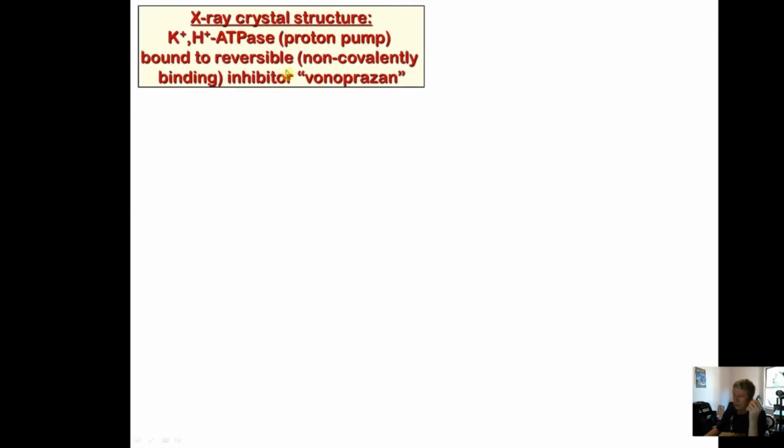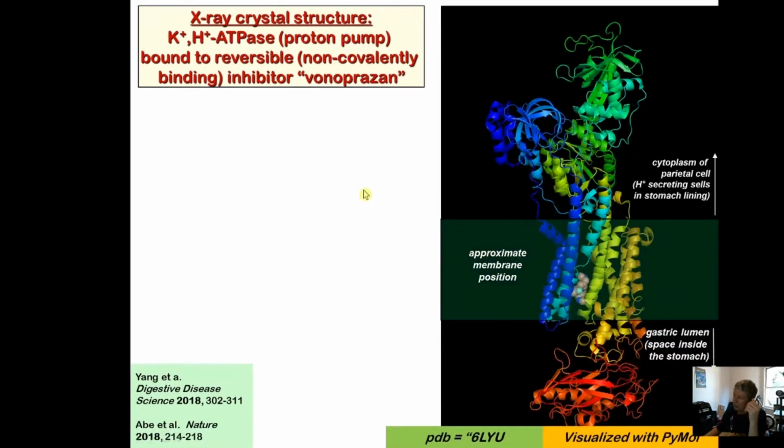So this is an X-ray crystal structure of the potassium proton ATPase proton pump bound to the reversible, so non-covalently bound, inhibitor. The inhibitor is called vonoprazan. I'm probably mispronouncing that. So this is pretty cool. This shows the structure of the proton pump.